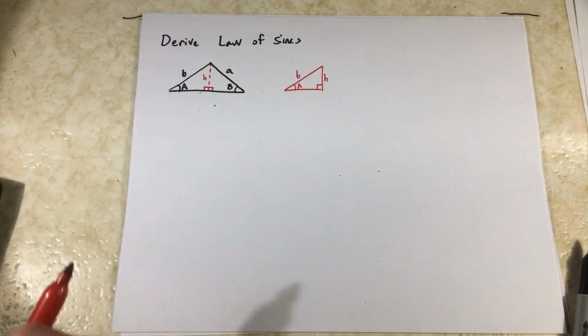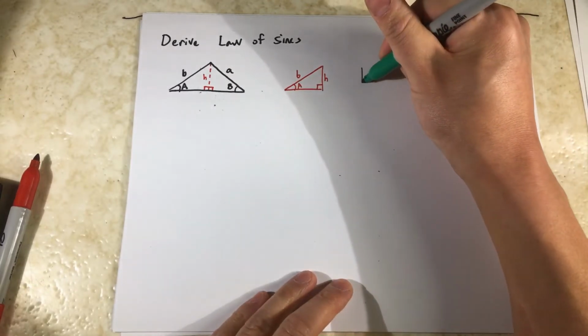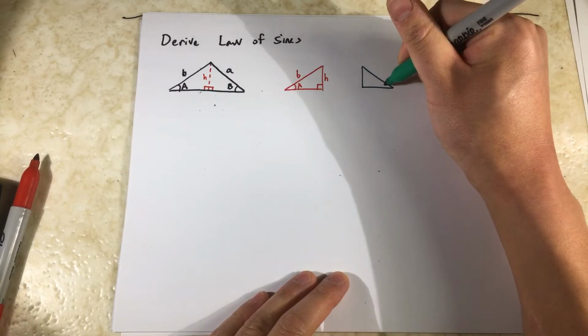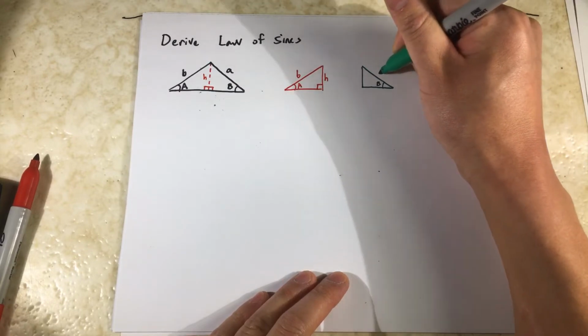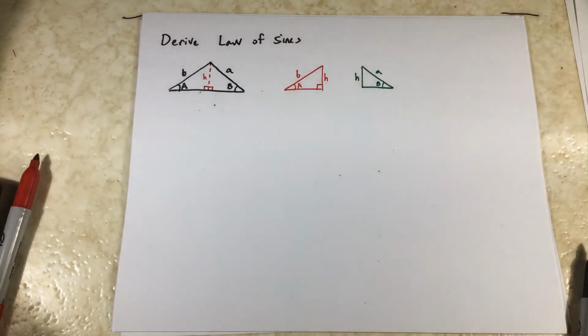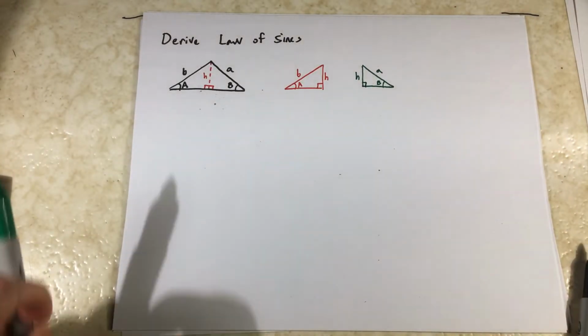And then we have another right triangle, I'll do it in green, which is this one. Angle B, A, and side H. Okay? All right, and that's also a right triangle. Because it's a right triangle, we can use trigonometry.